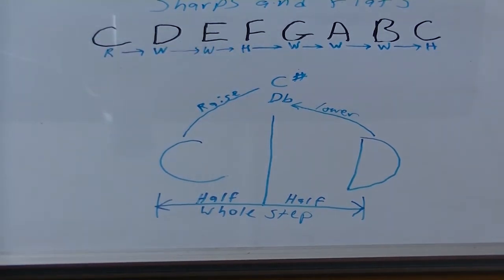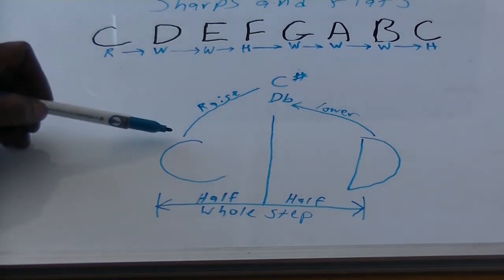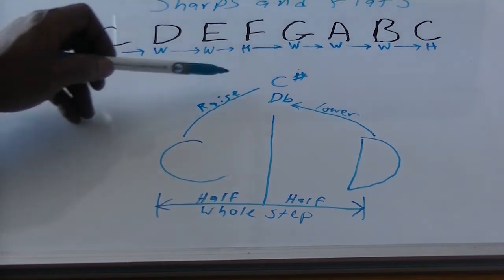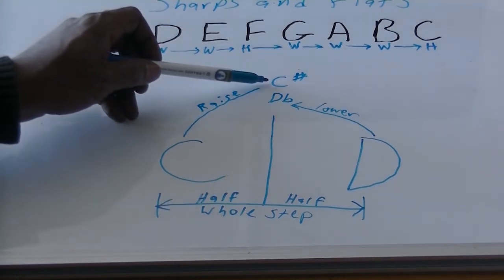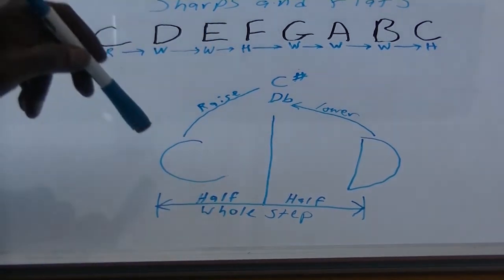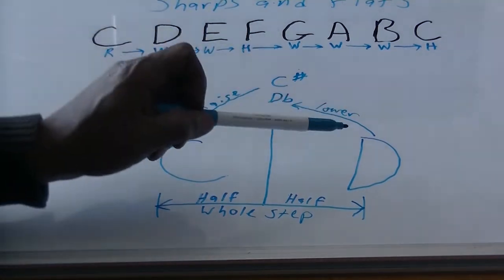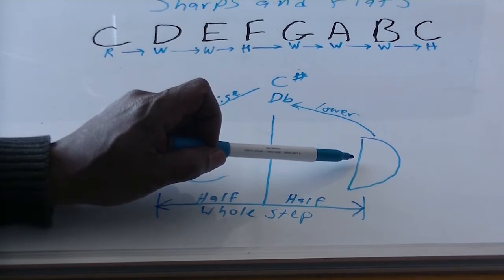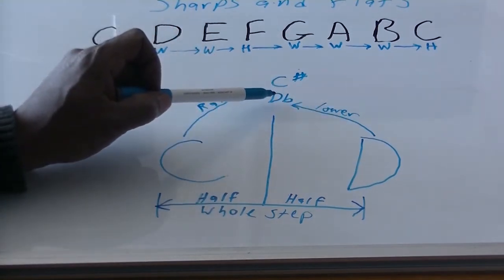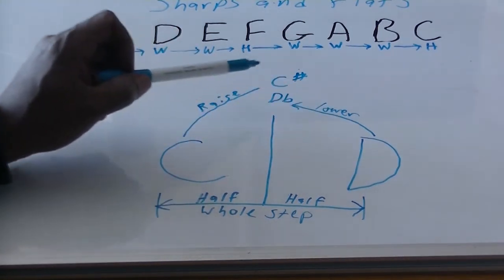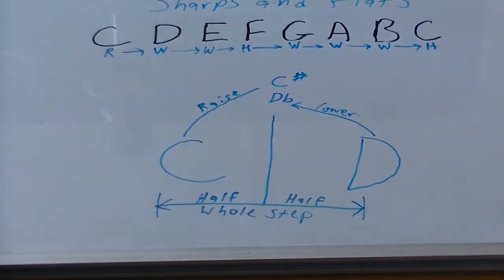However, when we're talking about things from a theoretical perspective, it depends on how the note is referenced. We took the C note at the first fret and we raised that up by a half step. So therefore, the C becomes C sharp. And we took the D note at the third fret and we lowered it by a half step. So the D becomes D flat.